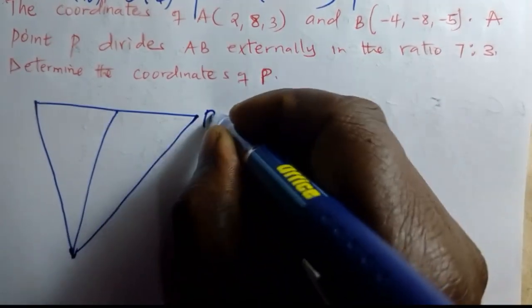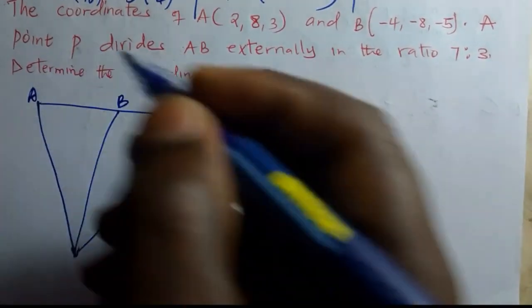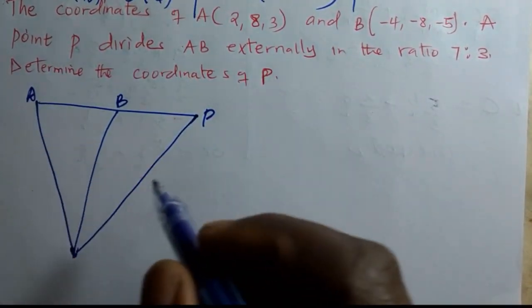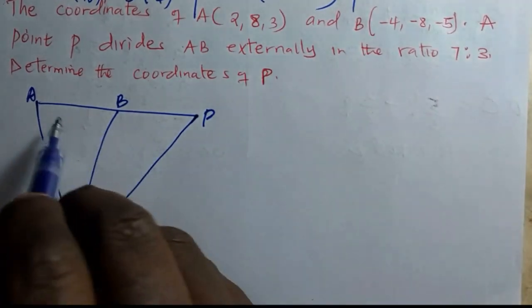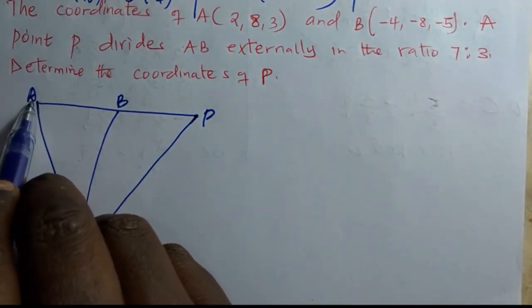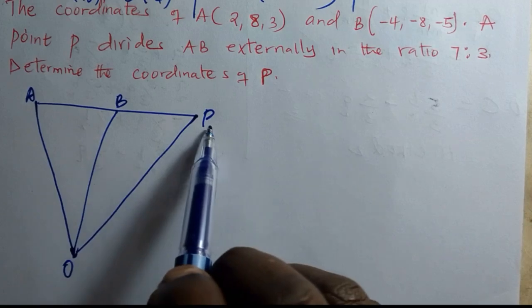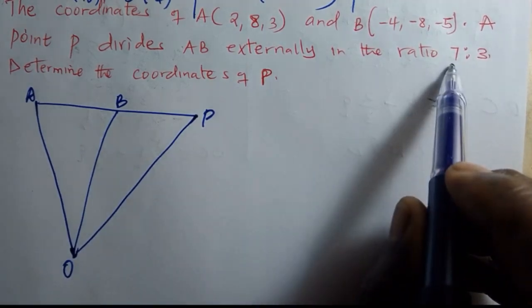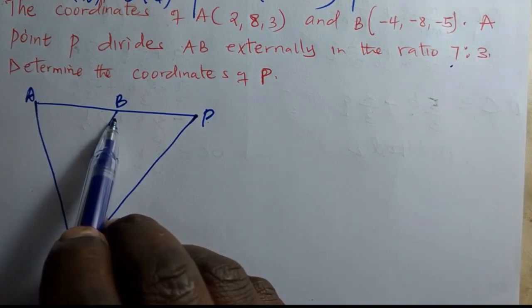So this is B, this is P, and this is A. We have the coordinates of A. This is O. So from A to P is 7 units. From P to B is 3 units.